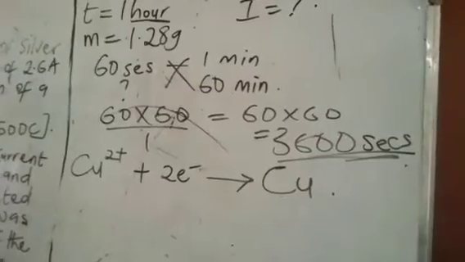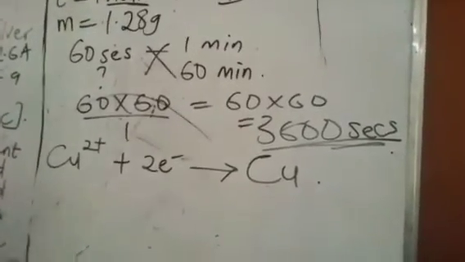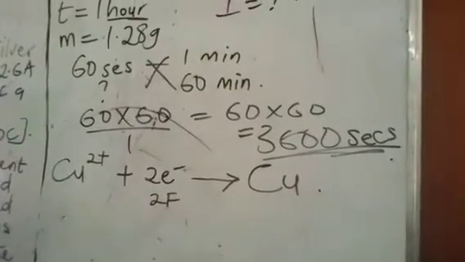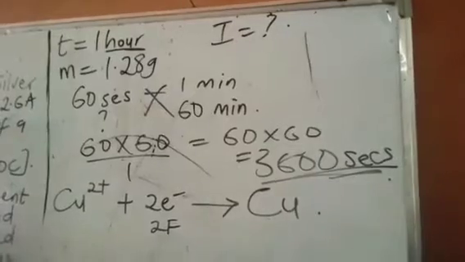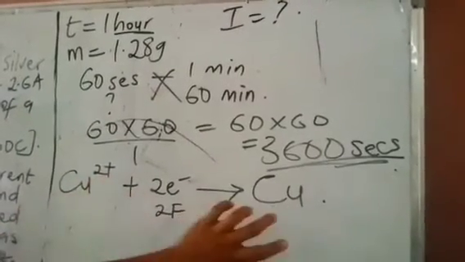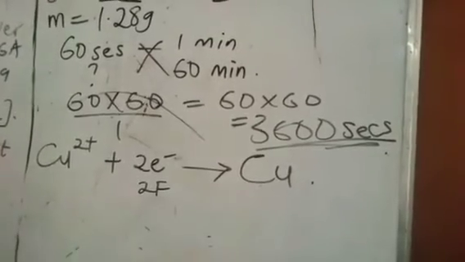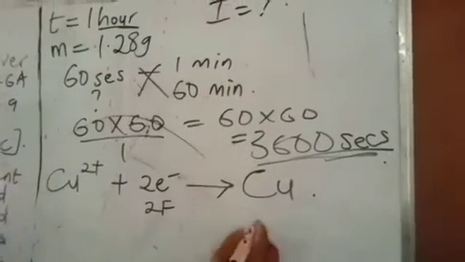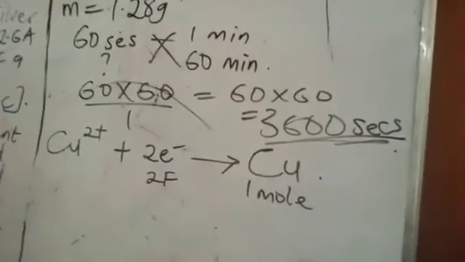So unlike the first one that we solved, that just made use of 1 Faraday, this one is going to be represented as 2 Faraday because 2 electrons were added to the copper ion to give us 1 mole of copper. Getting this information will help us. 1 mole of copper was formed using 2 electrons or 2 Faradays.